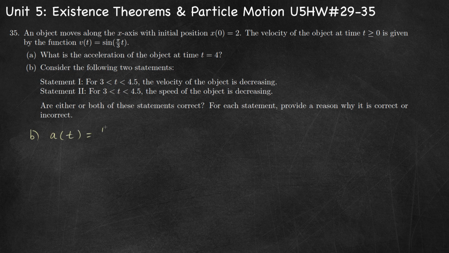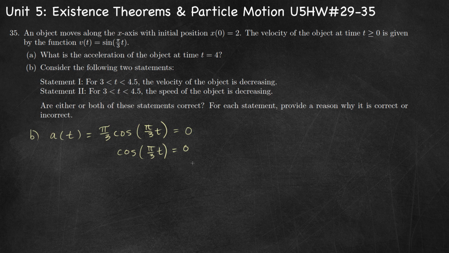We had pi over 3 times the cosine of pi over 3t. I'm going to set this equal to 0 and solve. So this will equal 0 whenever the cosine of pi over 3t is equal to 0.